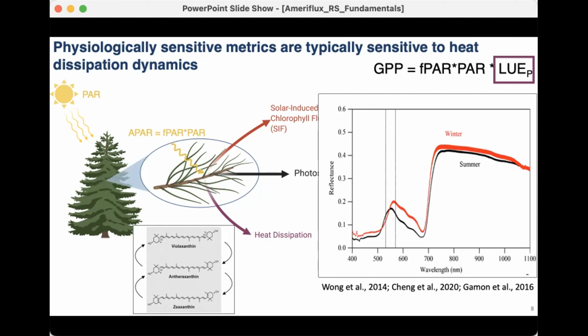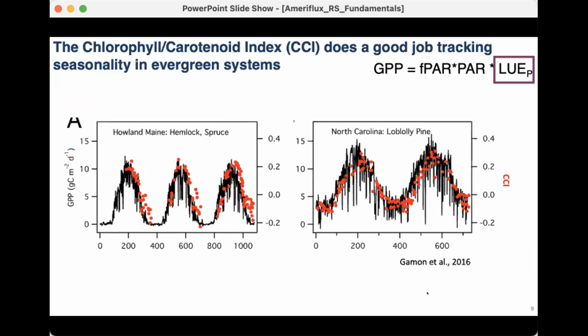This figure has been shown a bunch of times, so I definitely recommend some of these papers for further explanation of where to look in the spectra. But one good example of this is the chlorophyll carotenoid index, which uses MODIS spectra or reflectance bands. And as you can see, these are a spruce and a pine forest.